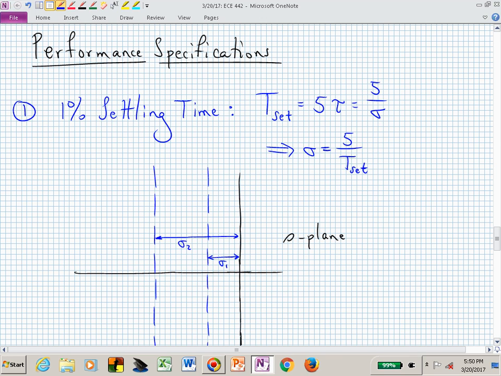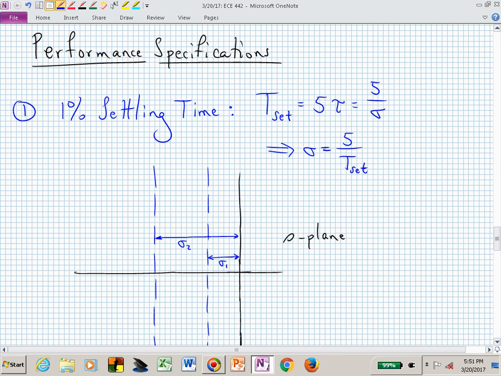We can solve that for sigma. If somebody gives us a 1% settling time of some amount, we would divide 5 by that value in seconds, and that tells us how far our dominant real part of our poles needs to be.